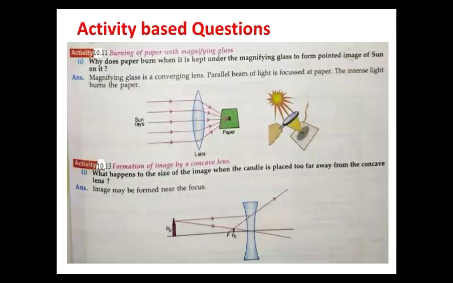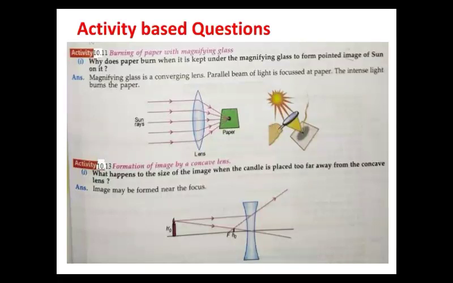In the same way, let us discuss activity 10.13: take a concave lens and place it on a lens stand. Now place a burning candle on one side of the lens. Look through the lens from the other side and observe the image. So what type of image will you observe?